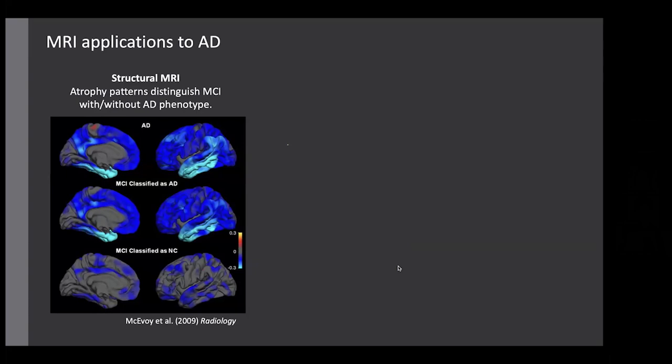Then they took a sample of individuals with MCI and classified them according to whether they had this AD-like atrophy pattern or did not. And interestingly, they found that the group that showed this AD-like atrophy pattern were more likely to decline clinically over the next couple of years.